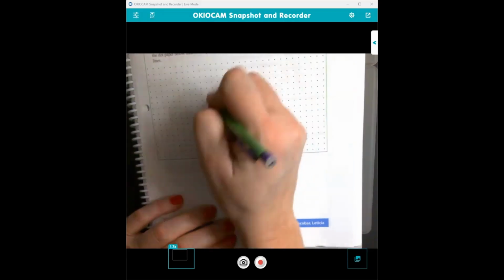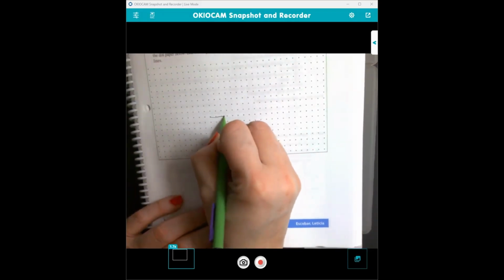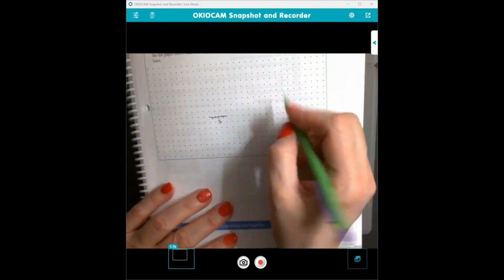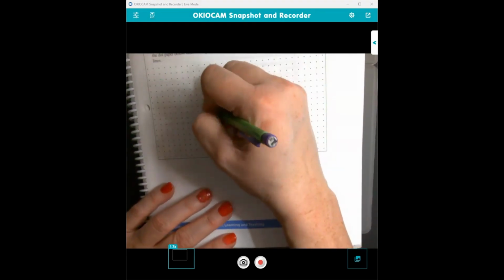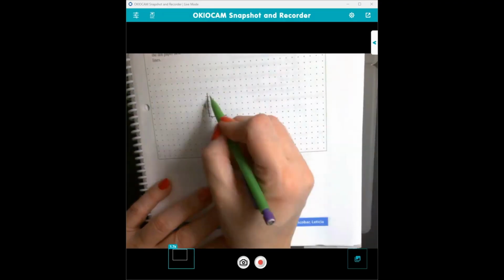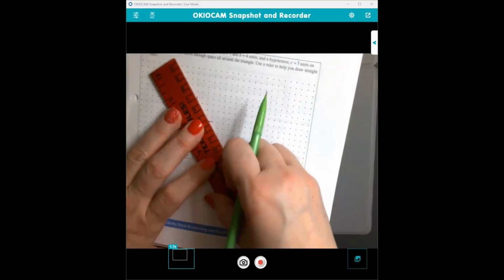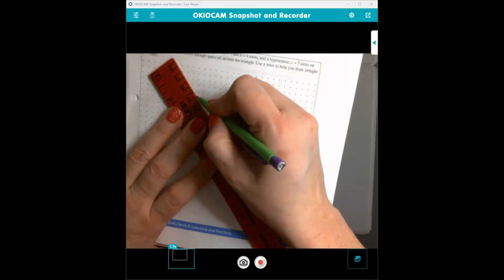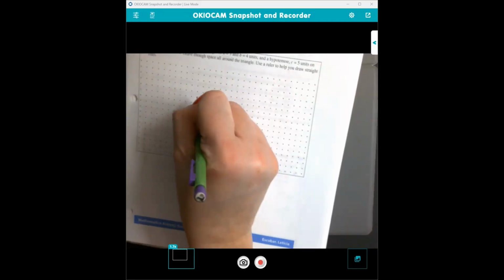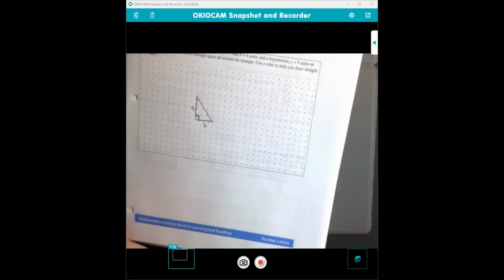I'm going to put the side that measures 3 right here. 1, 2, 3. Then I'm going to put another side that measures 4 right here. 1, 2, 3, 4. And then the diagonal that connects it is going to be the hypotenuse that is going to measure 5.